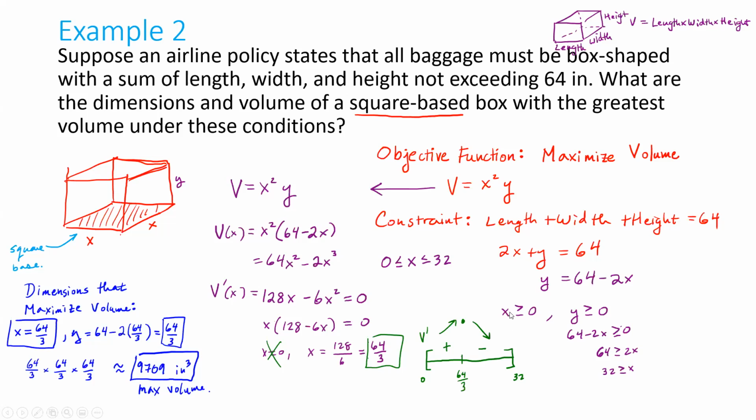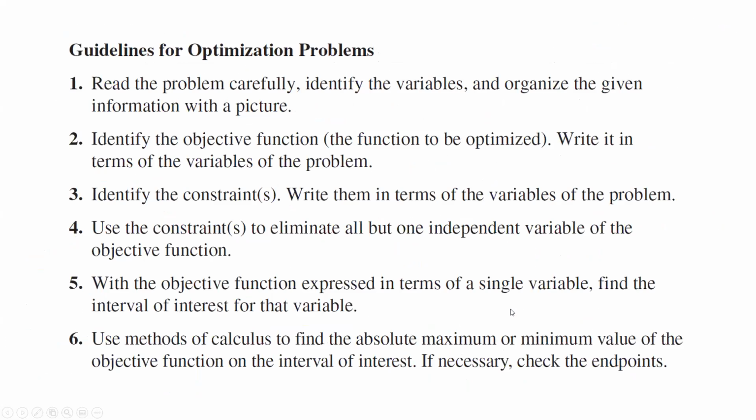So, I don't know if I have time to do another example, but maybe we can just think about the basic process that we've done in these last couple examples. And of course, this is how we should approach the problems in general.